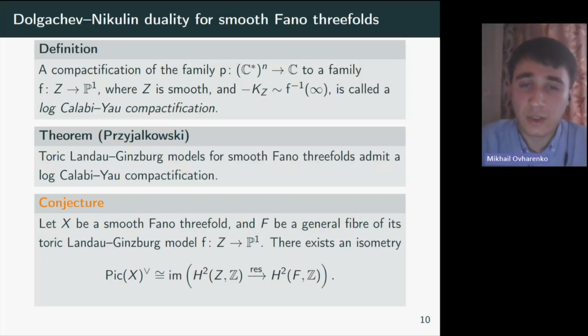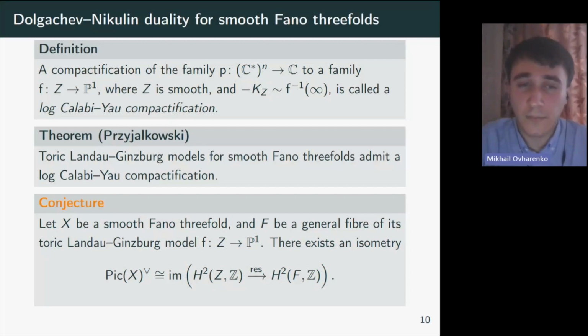And there is a natural conjecture. On the side of Fano threefolds, anticanonical sections of a Fano threefold are naturally polarized by its algebraic cycles, by the Picard lattice of the Fano threefold itself. So we would expect such a thing on the mirror side.